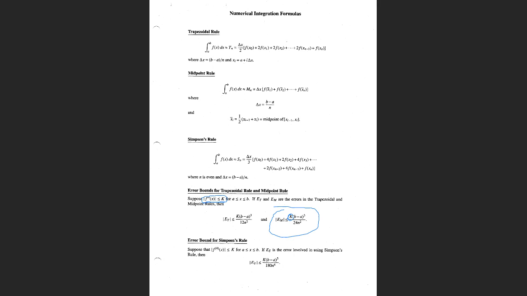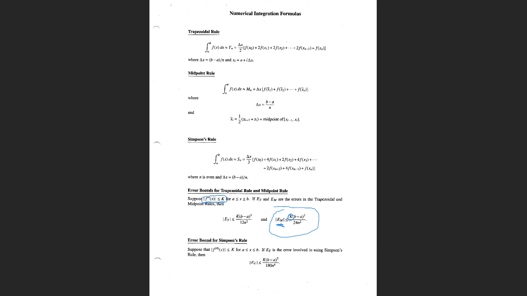All right, Mohammed, does that make good sense? K is not the error. The error is the absolute value of E sub m, which is the error due to using the midpoint rule. But what we're doing is we don't know what that error is because we don't know the true value of the integral.